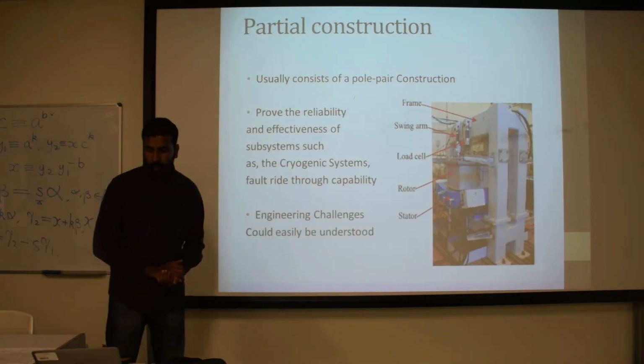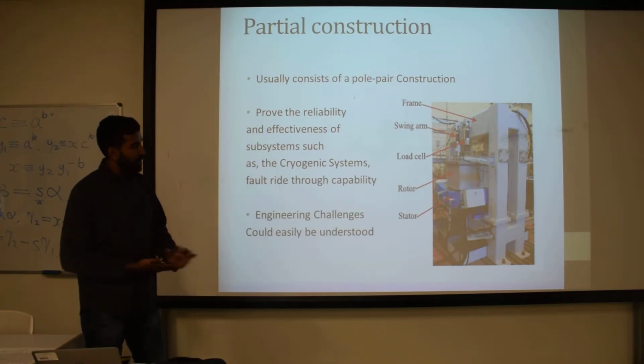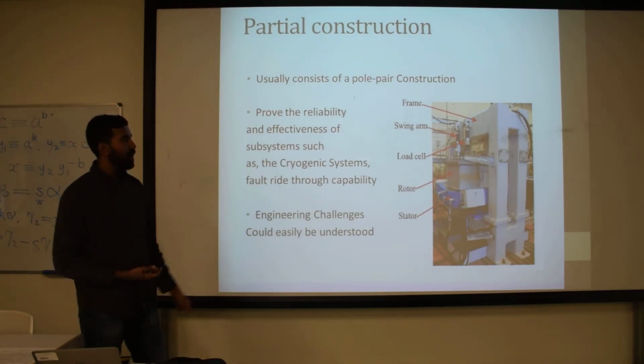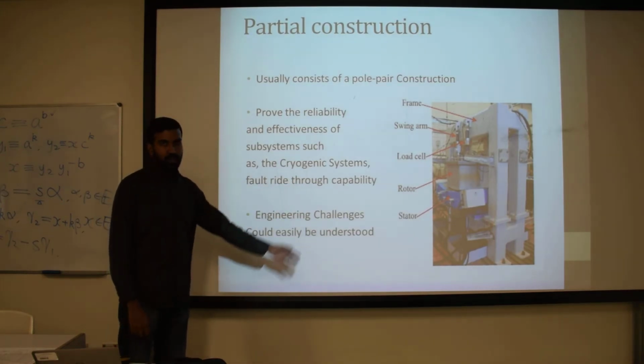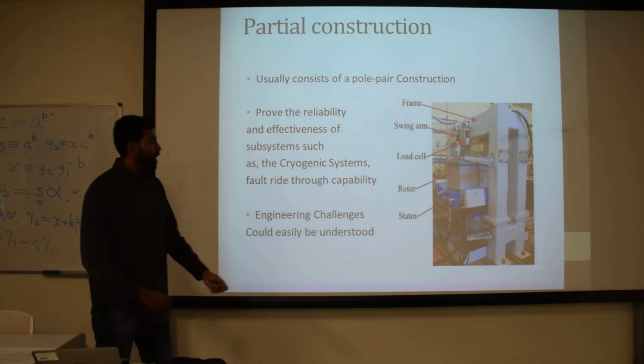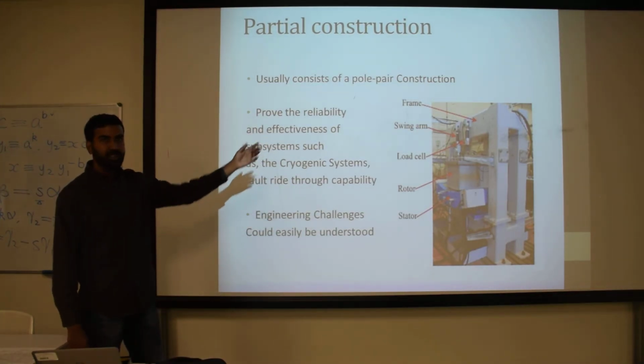Now if you are talking about partial construction, it's usually a pole pair arrangement of the rotor with a section of the stator, and you can see that the swing arms are there, the load cell, and all of this.